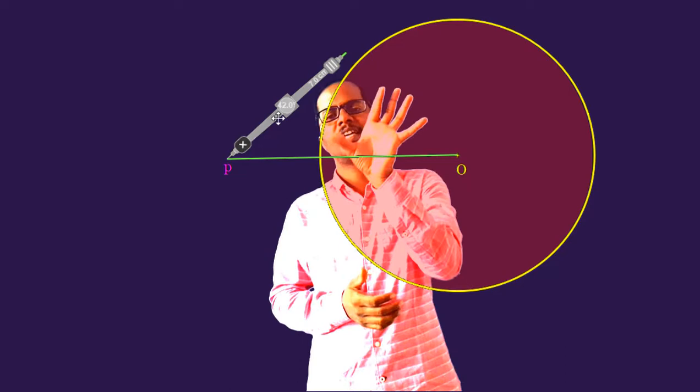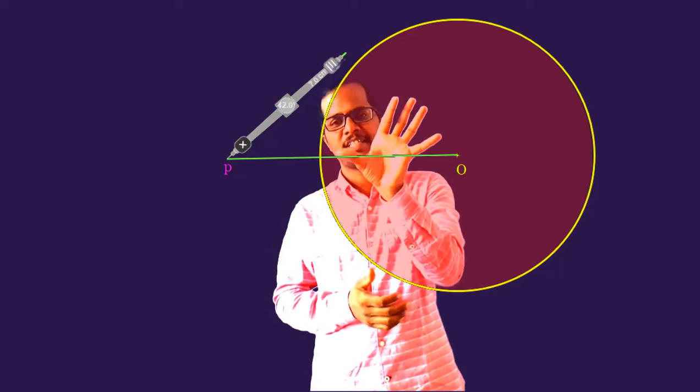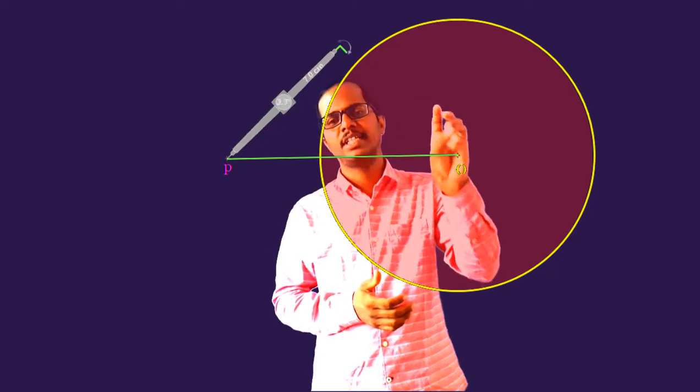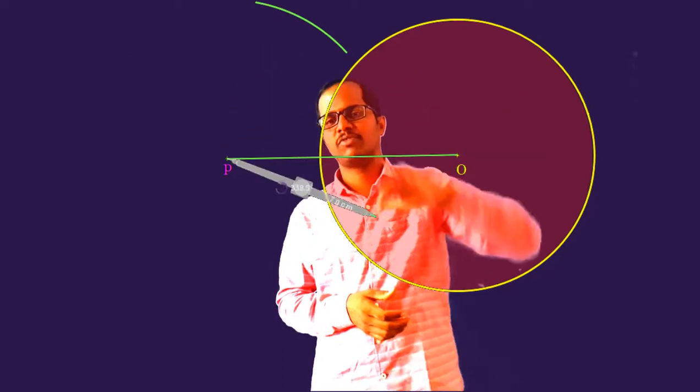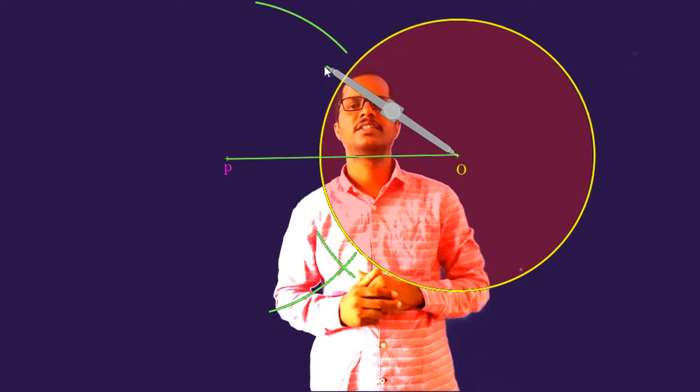Here I am taking 7 centimeters radius on the compass and placing it on O. I draw an arc above the line segment OP, and keeping the compass on the center O, draw one more arc below the line segment OP. Keeping the same radius, place the compass on P and cut the previous two arcs. Now join the intersecting points of these arcs using the ruler.